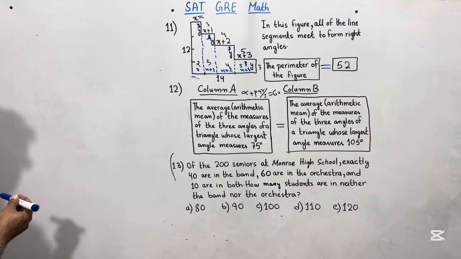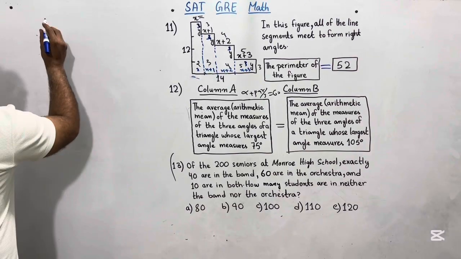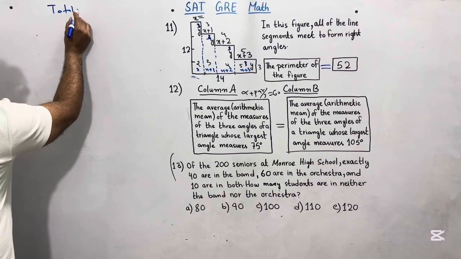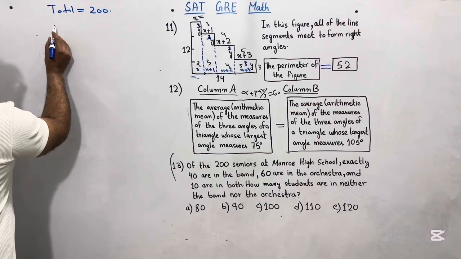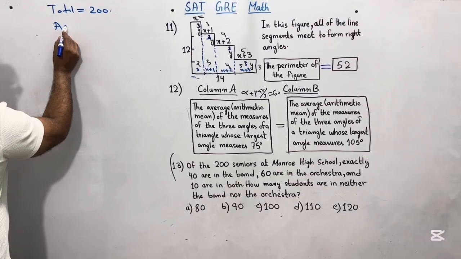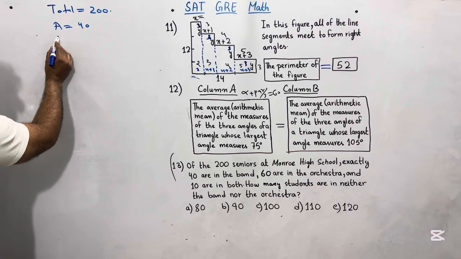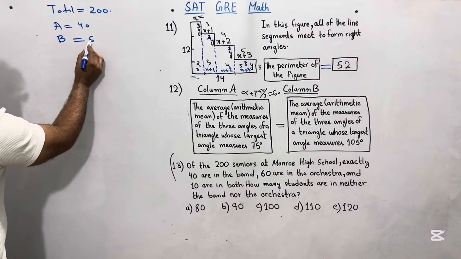In a school, there are 200 seniors. Total number of seniors, 200. In the band, suppose A stands for band, 40, while B stands for orchestra, that is 60.